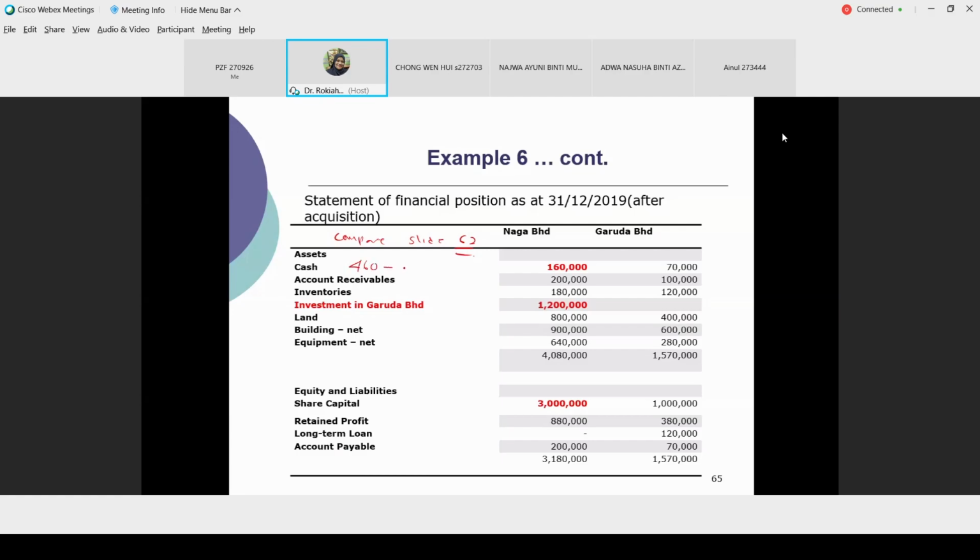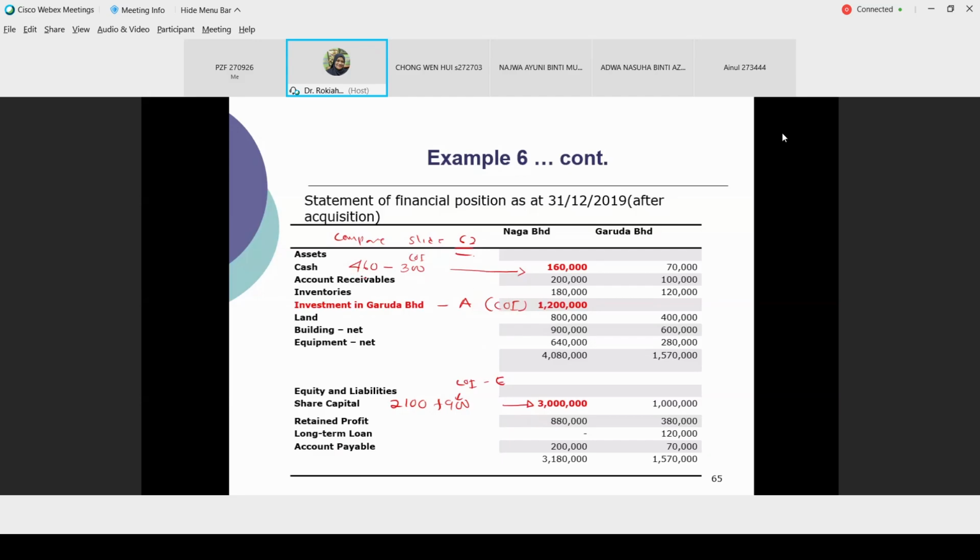You minus 300 because you used it for the COI, so the balance becomes 160. Then you have the investment in Garuda, an asset, which is your COI of 1.2 million. Share capital previously was 2,100,000, plus another 900 from the issuance of share capital for the COI, so now share capital becomes 3 million.